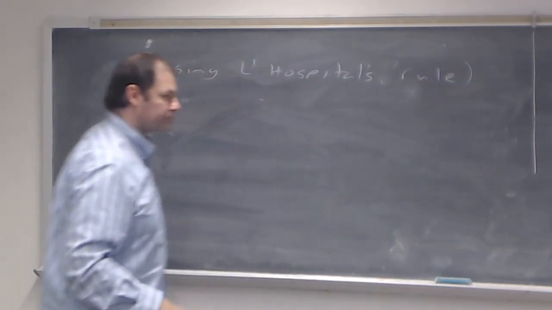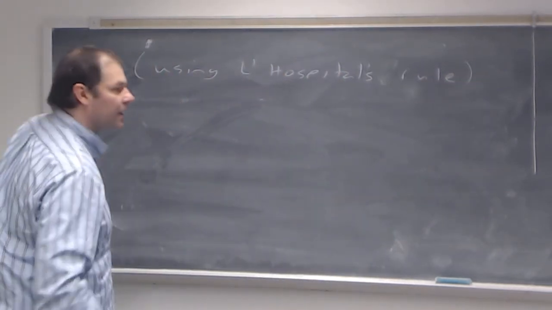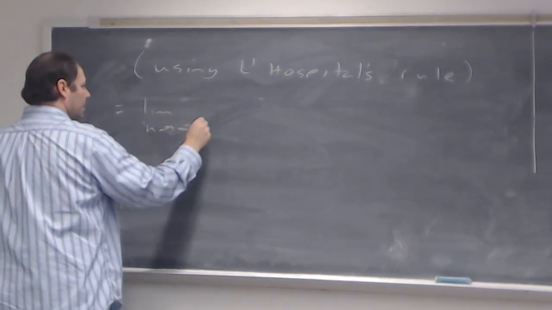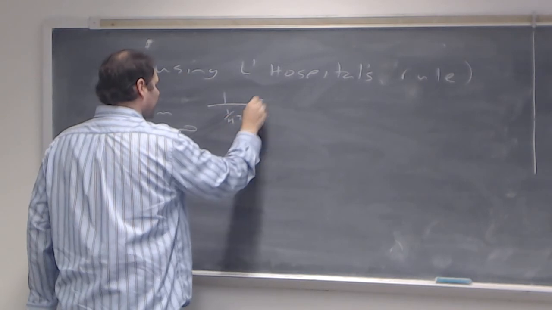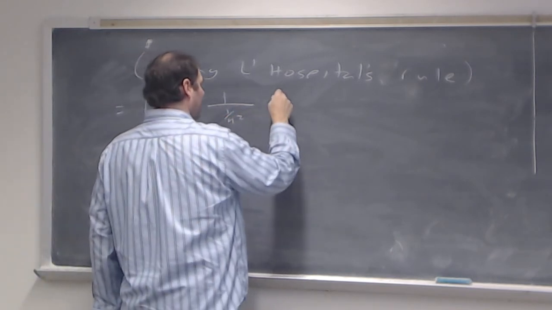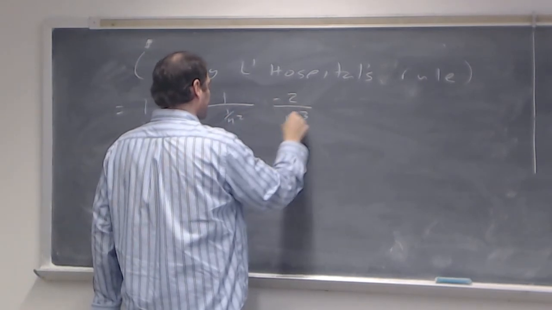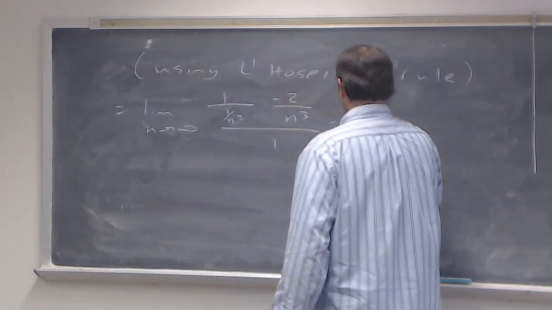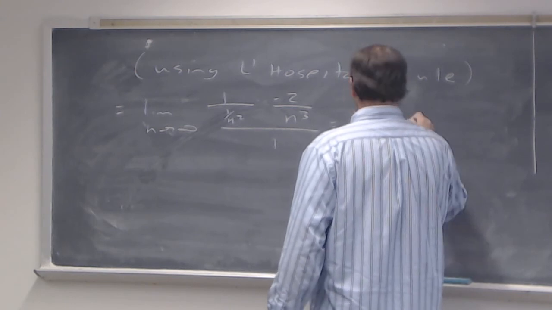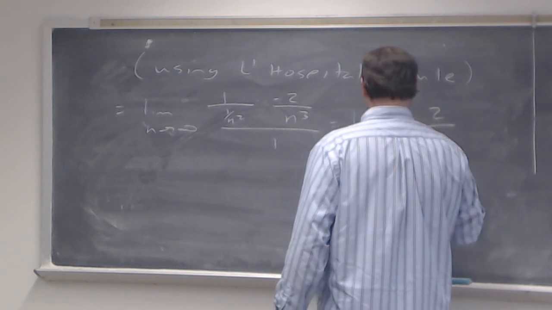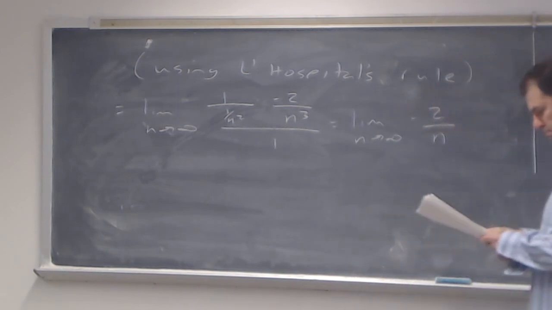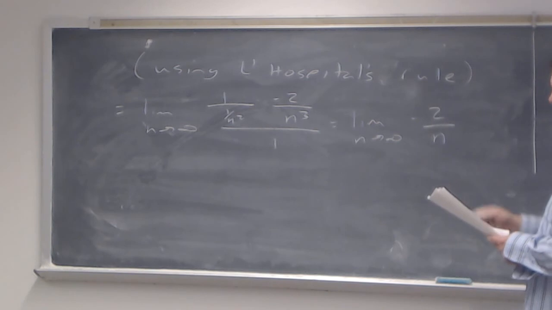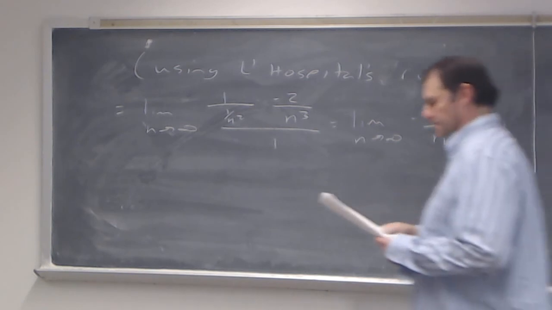Using L'Hopital's rule, I take the derivative of the top and the derivative of the bottom. This would be 1 over n squared, and then minus 2 over n cubed, all over 1, which is equal to the limit as n goes to infinity of minus 2 over n. And that does converge to 0.